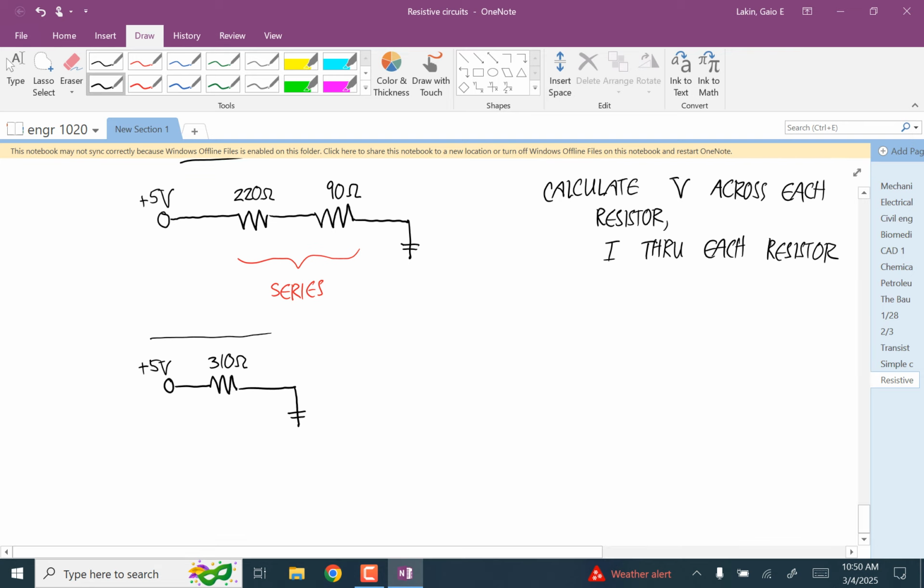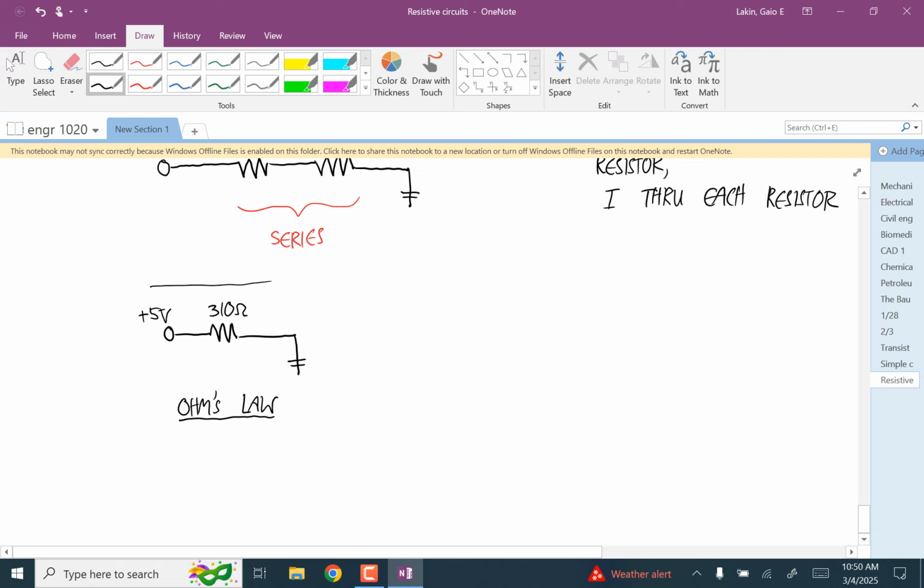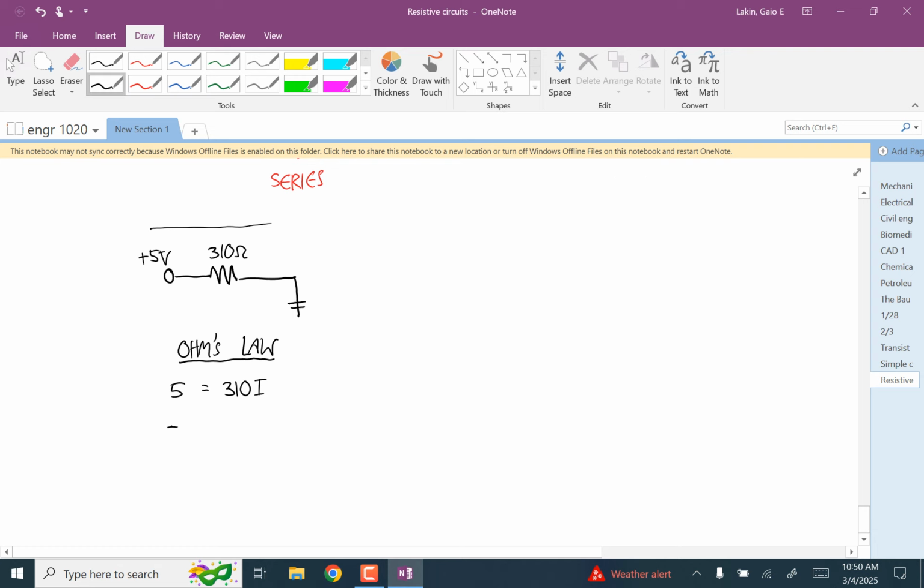And now we can use Ohm's law. The potential difference between the two ends of this circuit is 5 volts. So we have 5 is equal to 310 times I. Then do the algebra and you get that the current is equal to 0.016 amps.